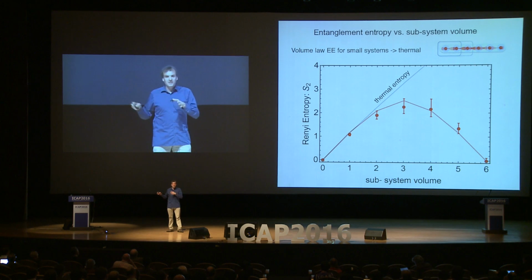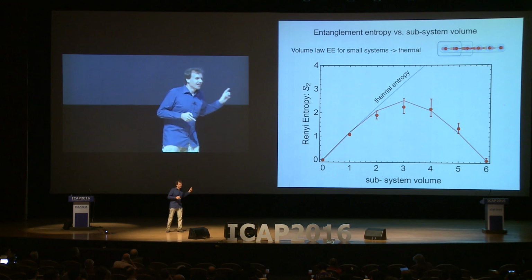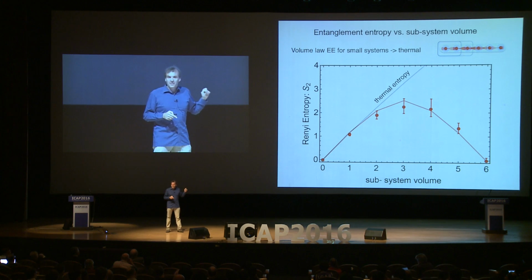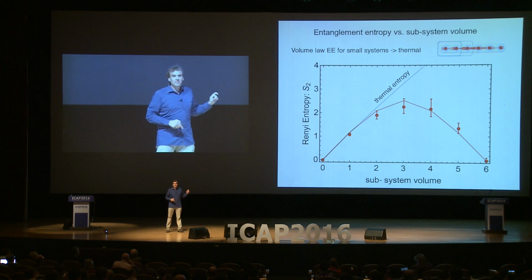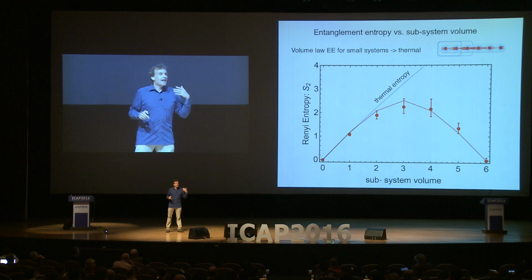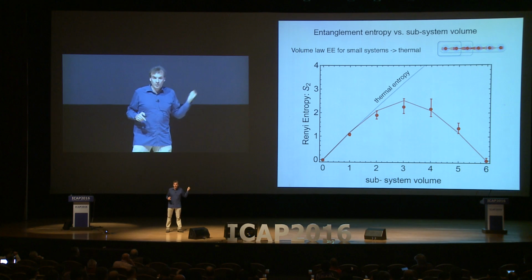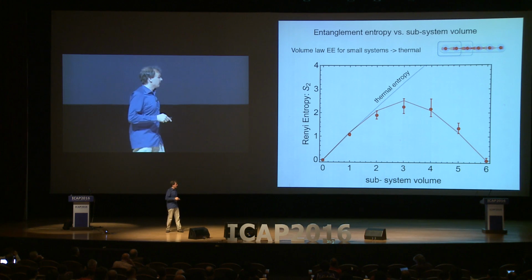I think even the question if it is or not may not make sense, because as you know, we cannot measure the purity unless we have two copies and interfere them, and I don't think that could be done. But let's just assume that for a moment. The amazing thing is then, this would show you that any system smaller than half, or any observable that depends on less than half of the degrees of freedom of the universe, would appear thermal, if you have this kind of volume law behavior.